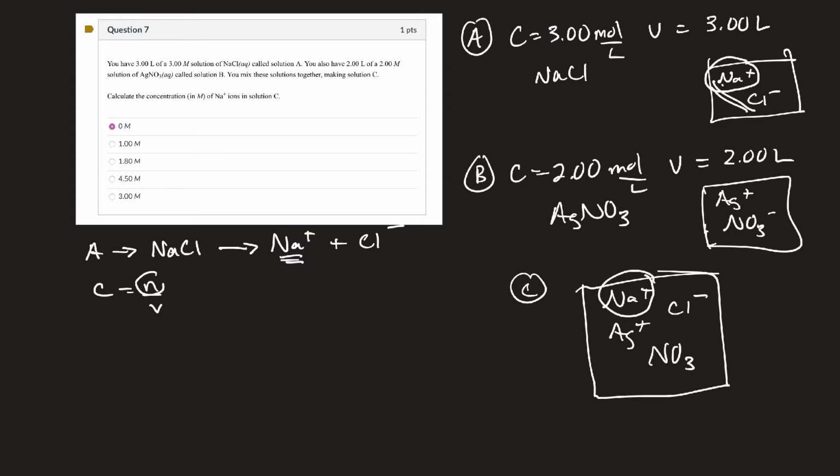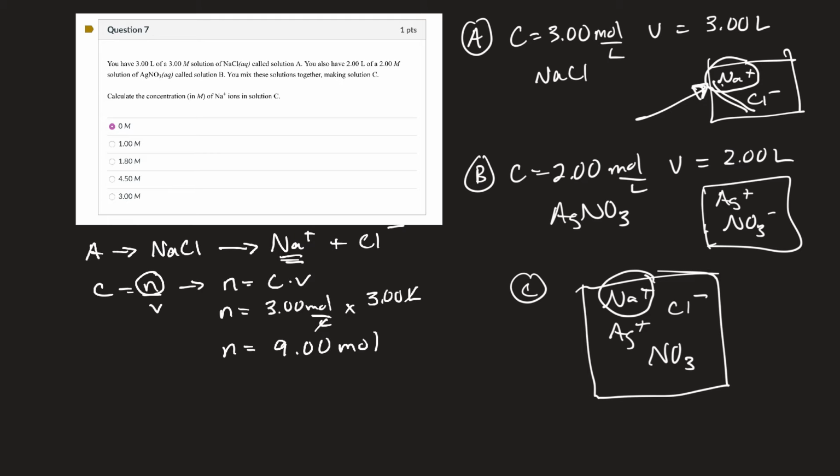I want to solve for moles, so moles is equal to C times V. So the concentration is 3 moles per liter times the volume, 3 liters. I multiply those together and I come up with 9.00 moles.